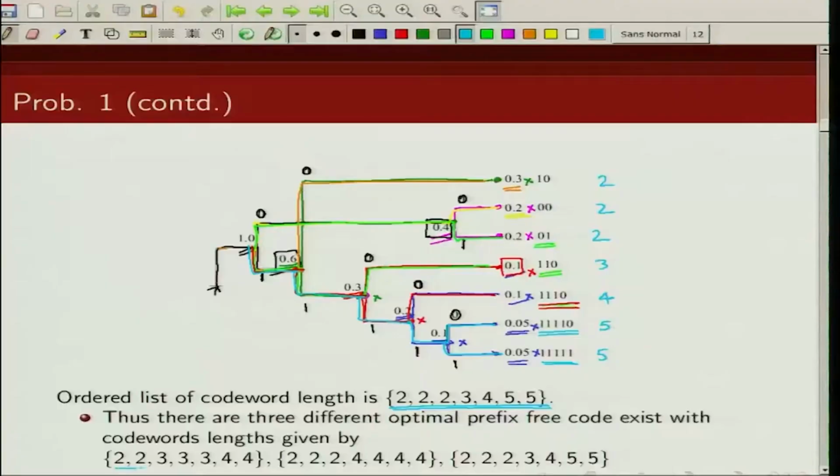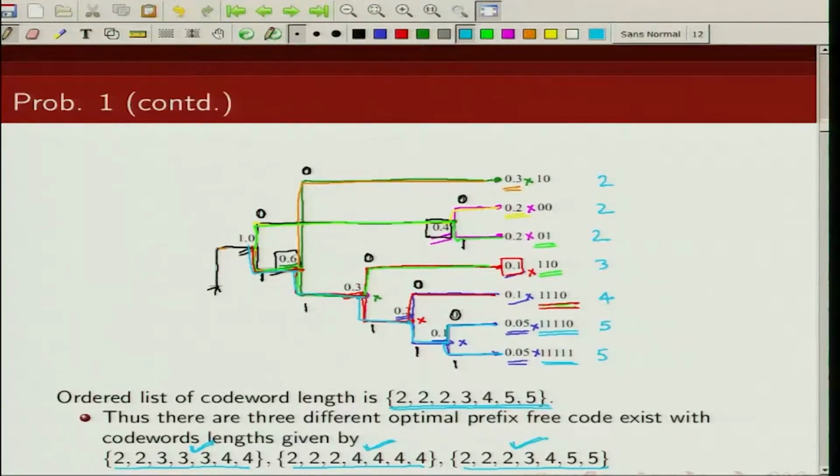So you can see from this example there are fundamentally 3 different ways in which you can have the ordered list of code word lengths. For code 3.1 and 3.2 we had this particular ordered list. For code 3.3 we had this, and for code 3.4 we had this one.